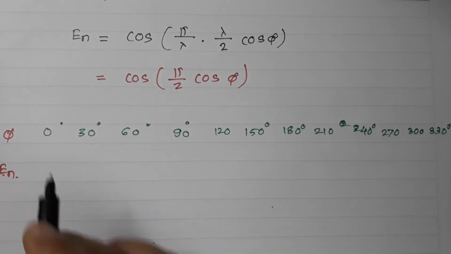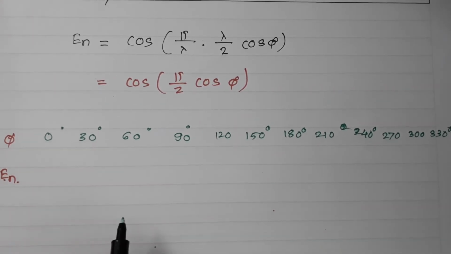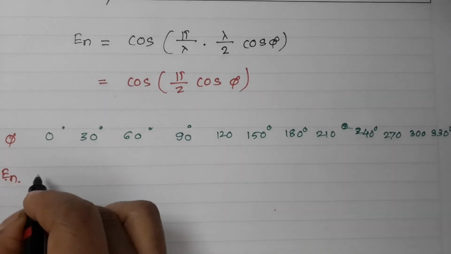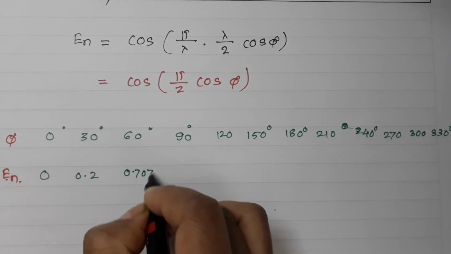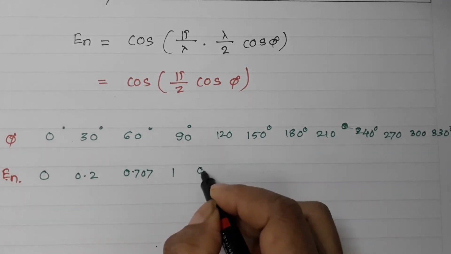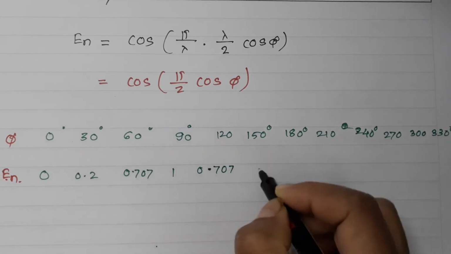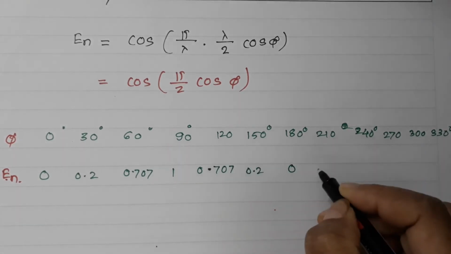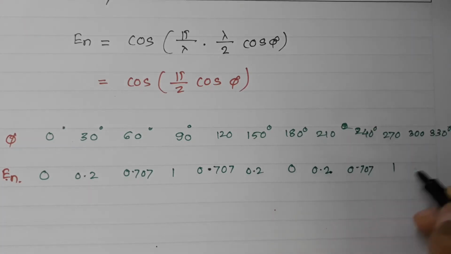So for 0 degree, cos of 0 is 1, and cos(π/2) will be 0, so this value will be 0. Then this will be 0.2, this will be 0.7, then 1, then 0.7, then 0.2.